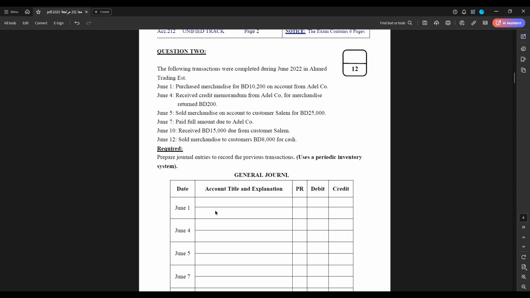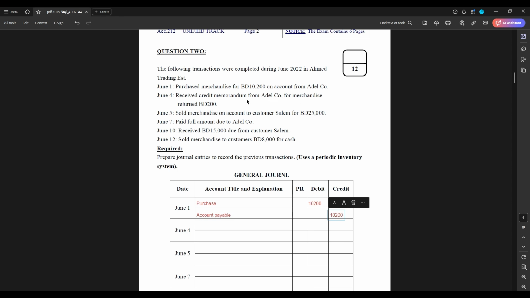Under the periodic inventory system, we will record the purchase. So debit purchases 10,200 and credit accounts payable 10,200. On June 4, received a credit memorandum from Adil Company.